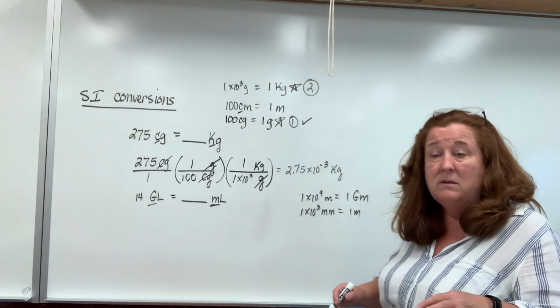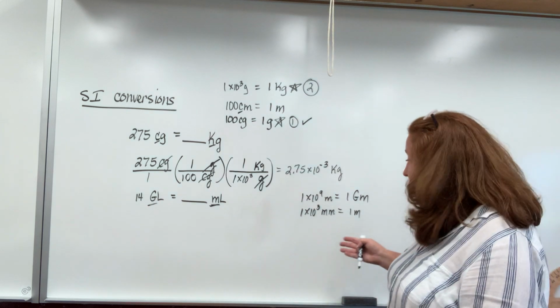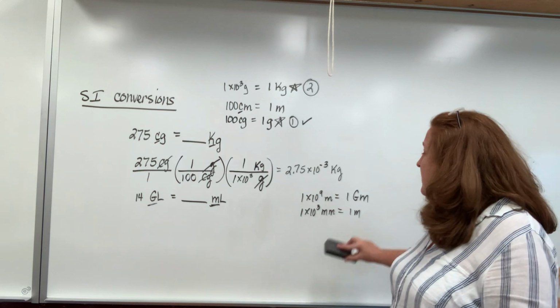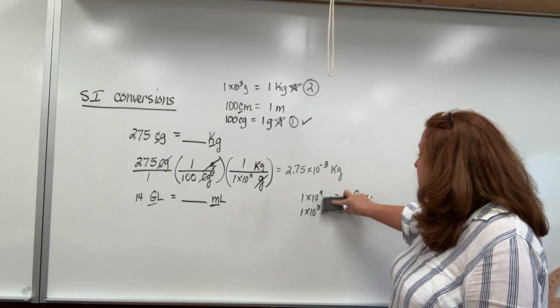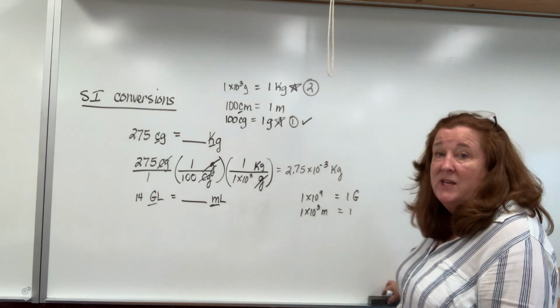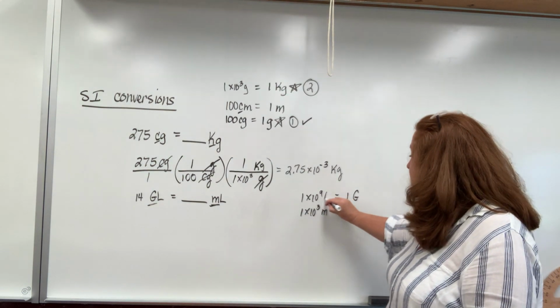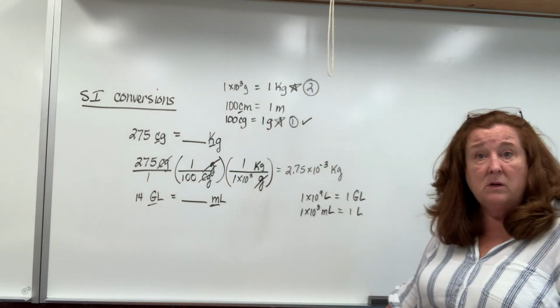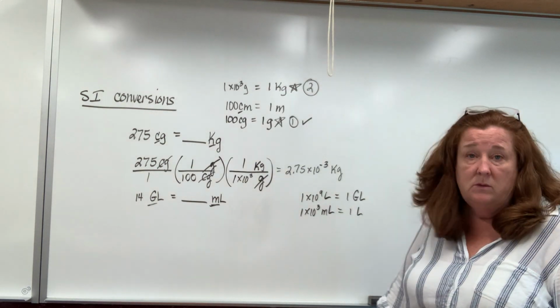If not, stop the video again and try doing the rest of it this way. What you have to realize is these are the base units, and they can be changed to anything. And in this problem, they have been changed to liters. And so you're going to make your conversion factors out of those 2.